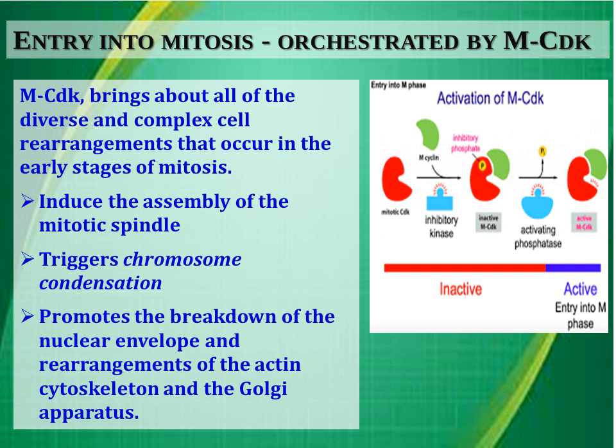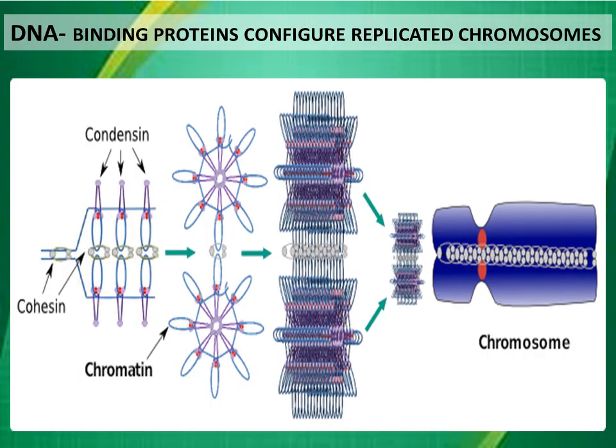In preparation for M phase, DNA binding proteins configure replicated chromosomes for segregation. When the chromosomes are duplicated in S phase, the two copies of each replicated chromosome remain tightly bound together as identical sister chromatids.